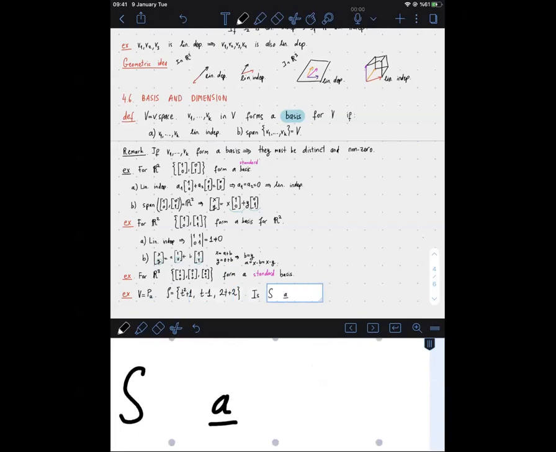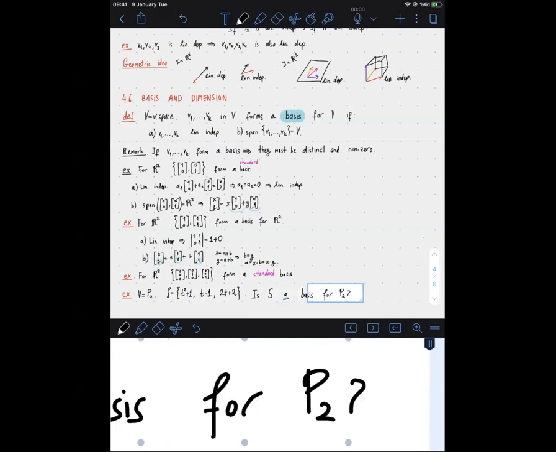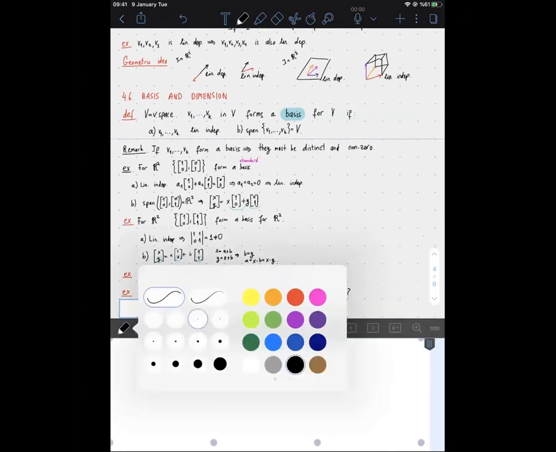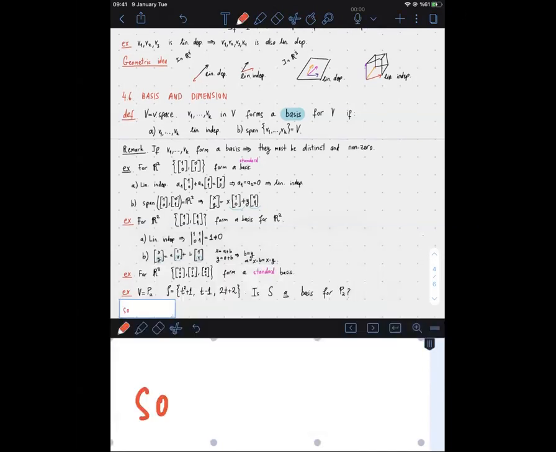We have seen that we can write different bases for the same vector space. So is S a basis for P2? Let's look at the solution. The first step is whether these three polynomials are linearly independent. So we first check linear independence.